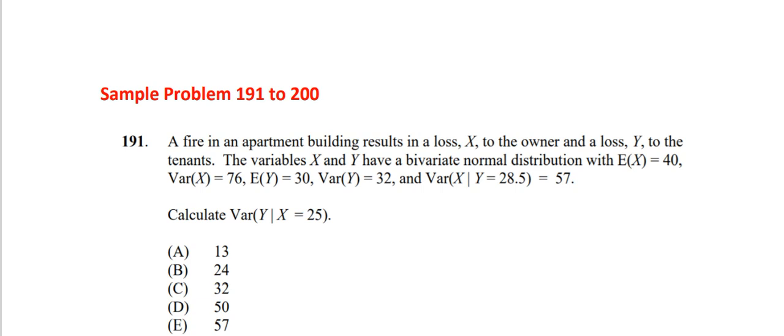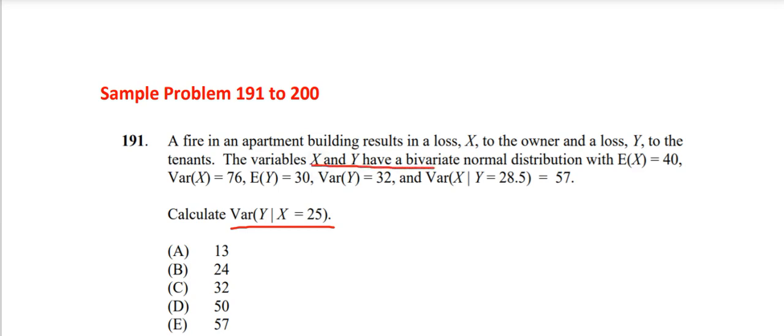For problem 191, we want to find the conditional values. X and Y have a bivariate normal distribution. For this bivariate normal distribution, we have 5 parameters.